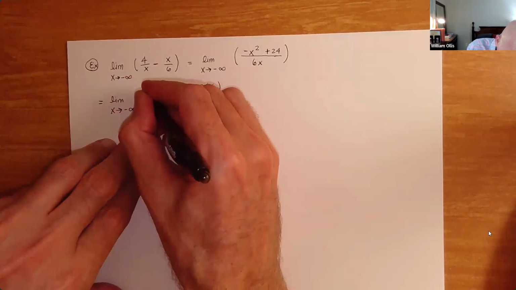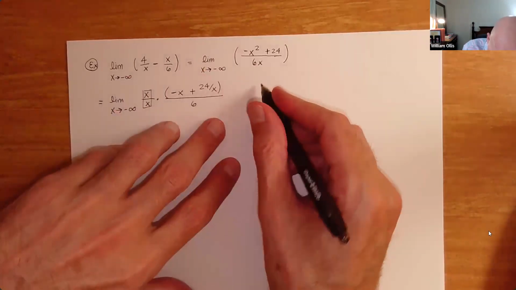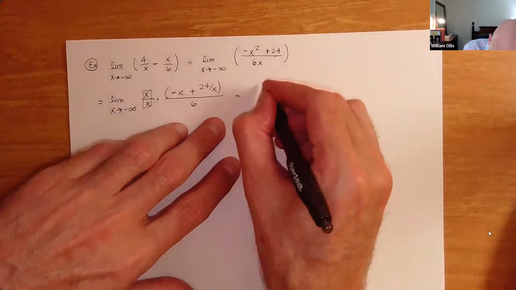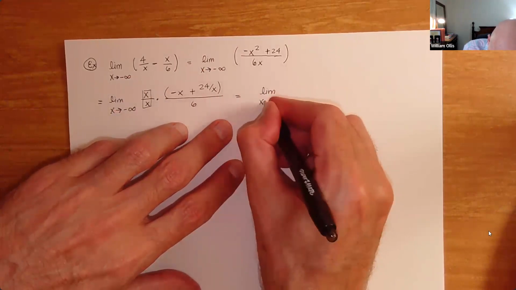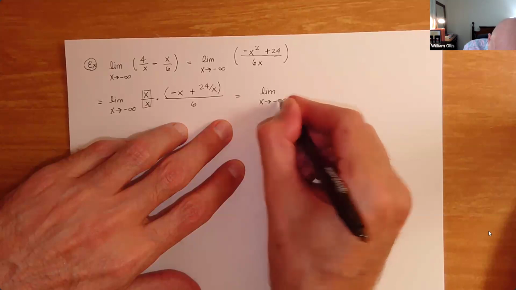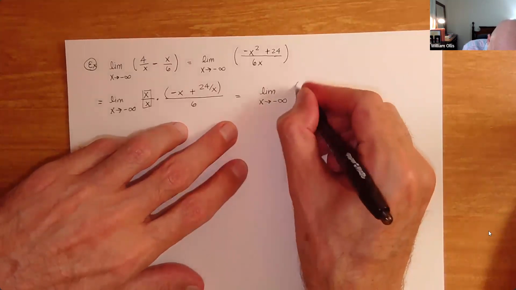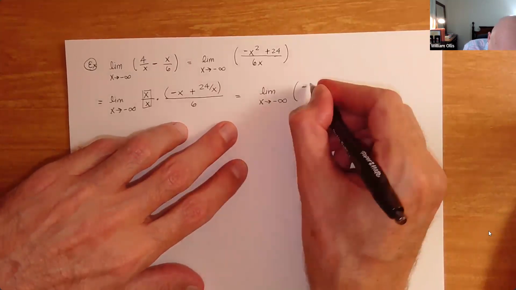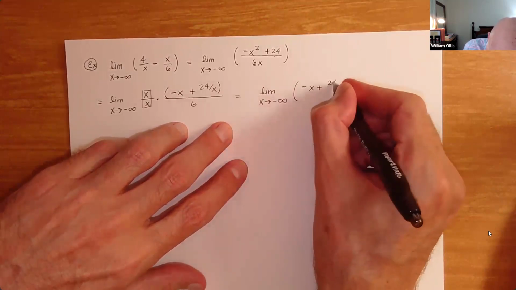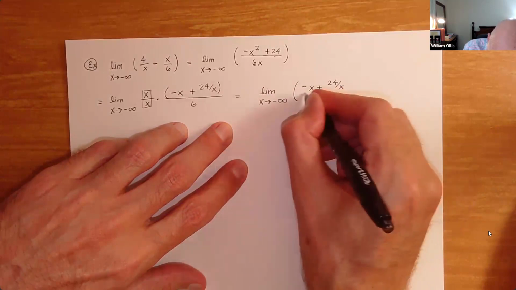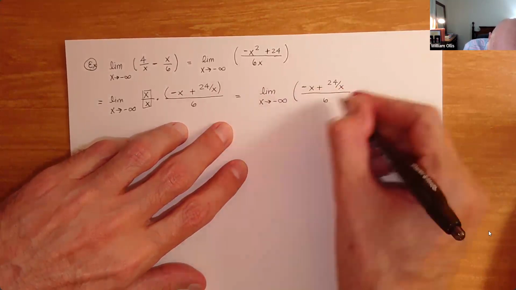So these absorb. So we're left with the limit as x approaches negative infinity of, in this case, negative x plus 24 over x divided by 6.